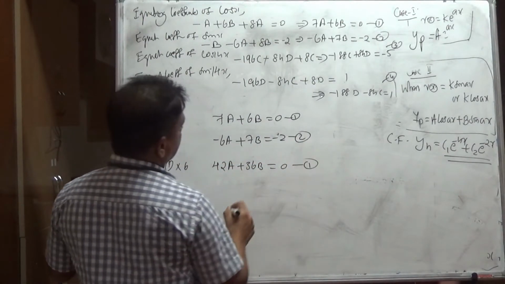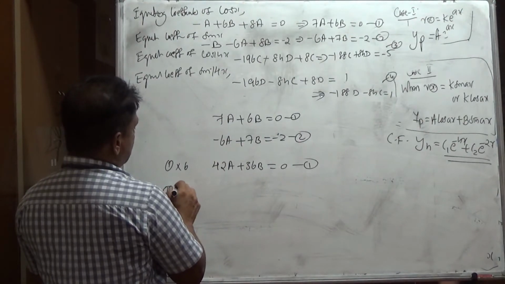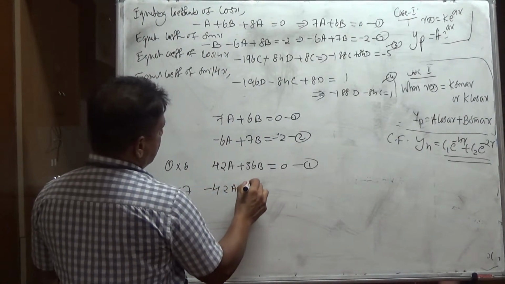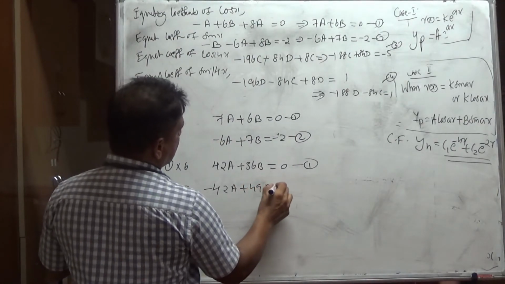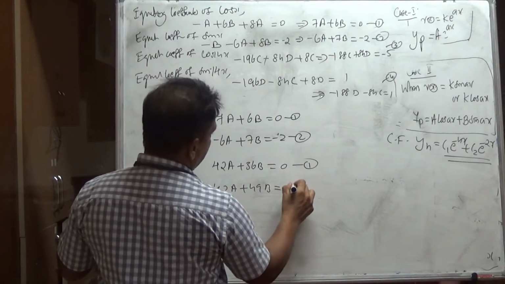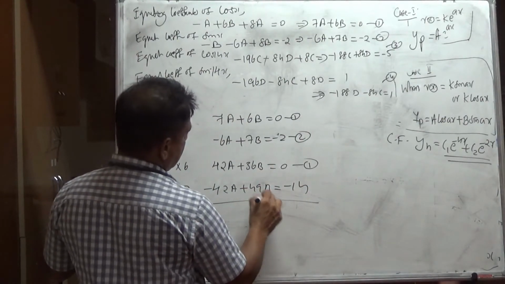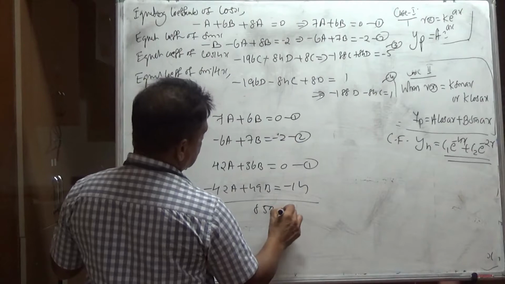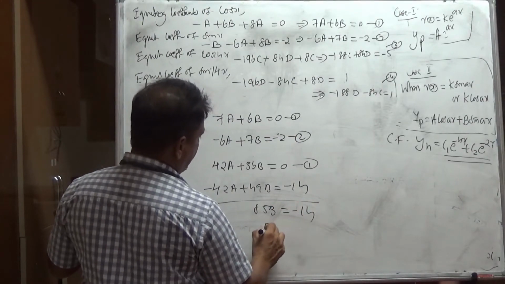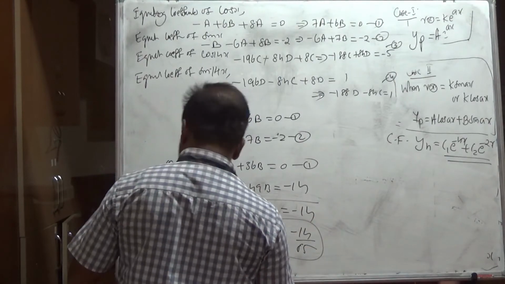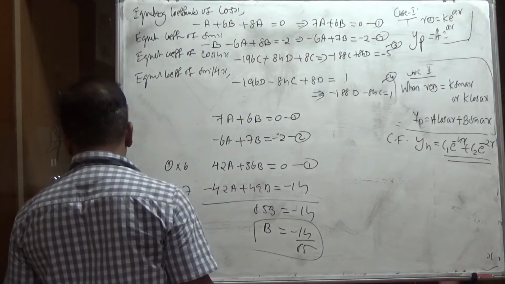Multiplying the second by 7: minus 42a plus 49b is equal to minus 14. Adding these two, 85b is equal to minus 14. Therefore, b is equal to minus 14 by 85.